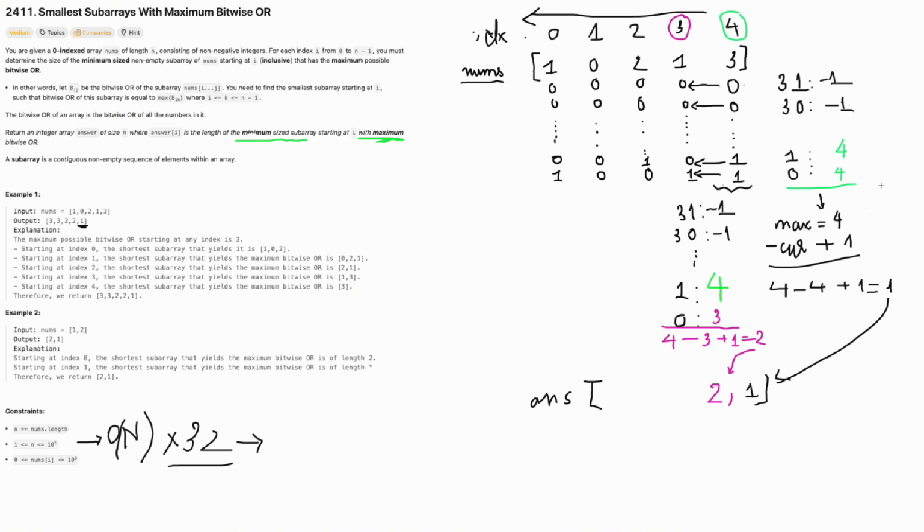Okay, so we do one more example. So here there's still 0 0, right? Okay, so in here we have 0 to 1, right? And 1 to 0. What is our logic in here? That is the 31 still minus 1, right? 30 still minus 1 until we get 1.